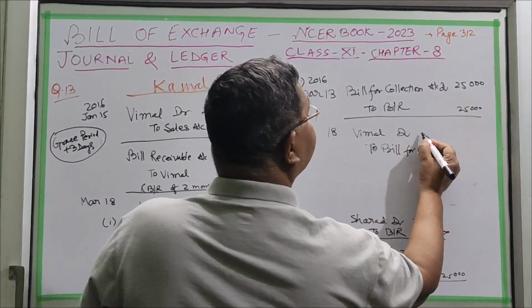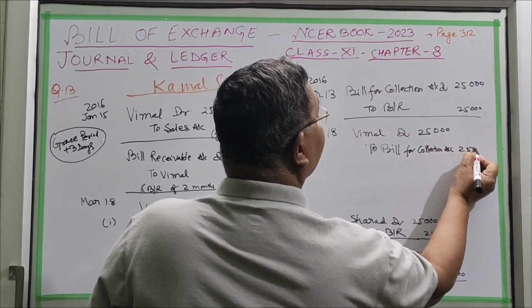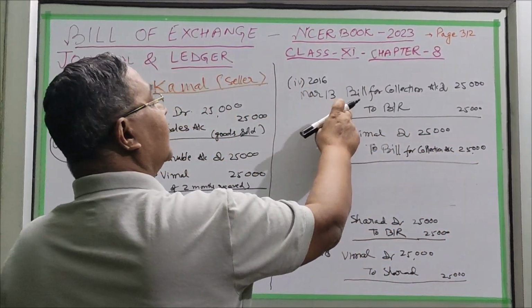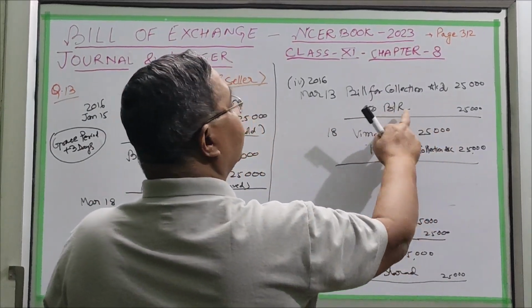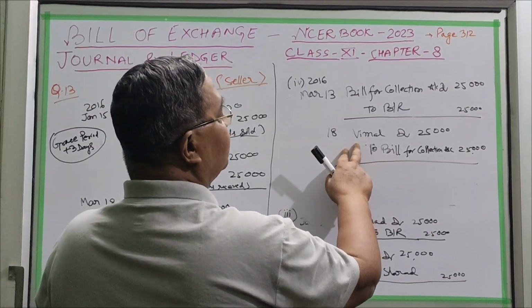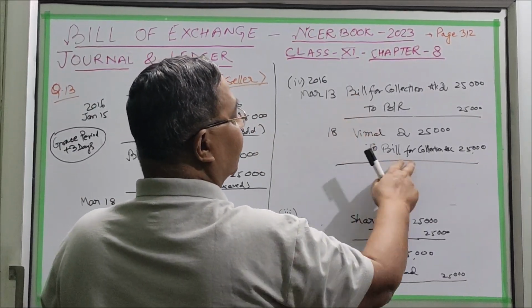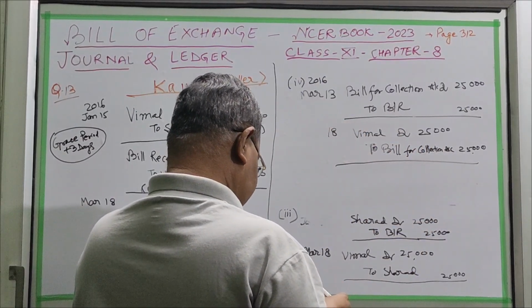This entry is for dishonor of the bill when it was sent to bank for collection. When sent to the bank for collection, bill for collection account is debited to BR, and when it was dishonored, the entry will be Vimal debit, the original purchaser will become debtor, and this bill for collection account will be reversed. So now this question number 13 is over.